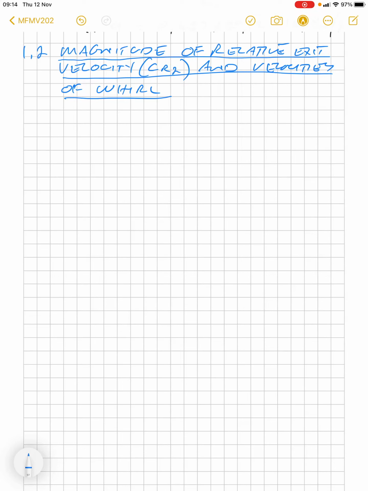Alright, so we start off by putting down our U, which is the blade velocity.